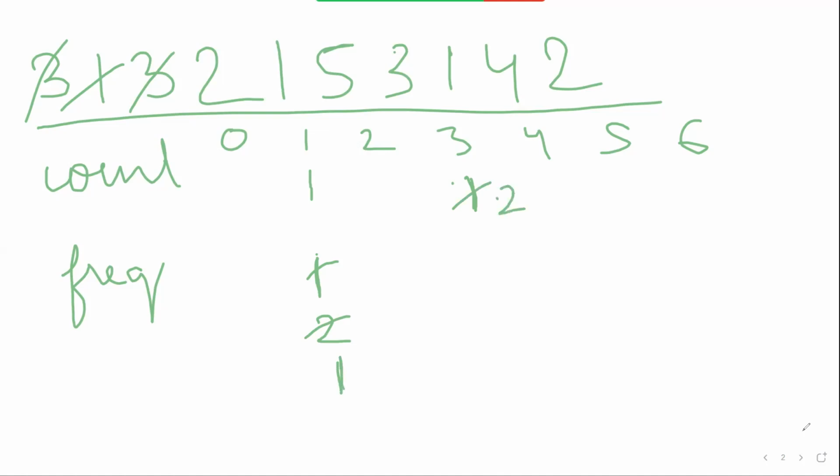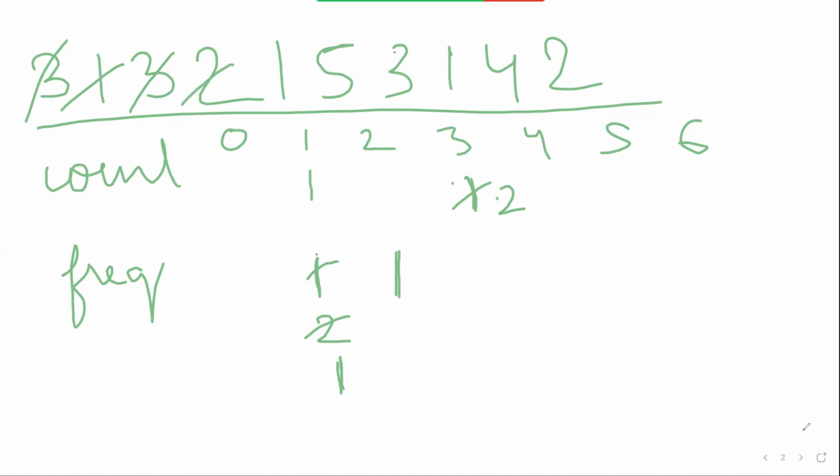Now we have an element with frequency 2. So in your frequency array, at index 2 we have value 1.